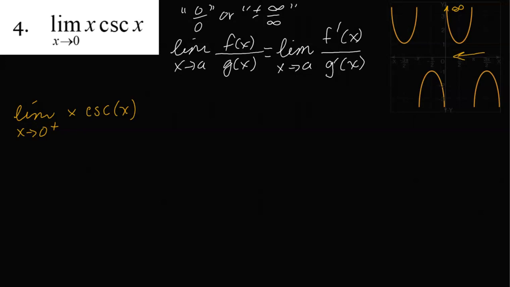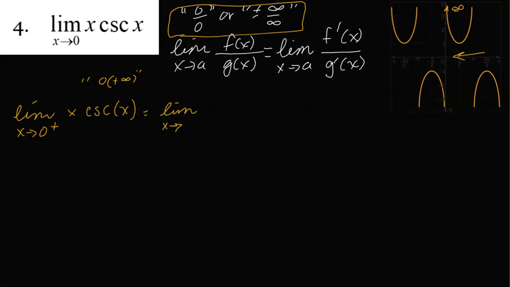So we have the form 0 multiplied by positive infinity. That is one of the indirect applications of the L'Hopital rule. What I mean by that is if we can put it in the right form somehow, then we can apply the rule. So let's think about cosecant.